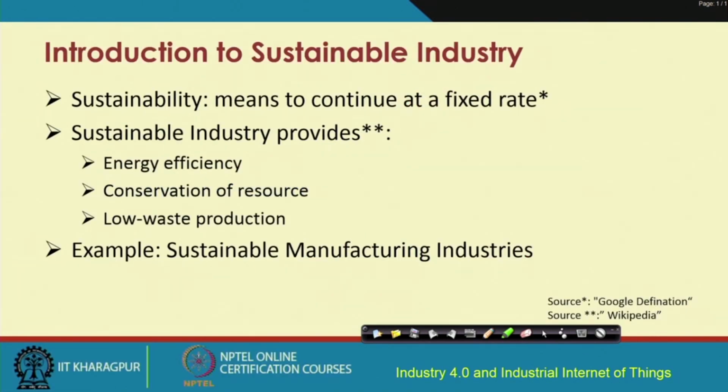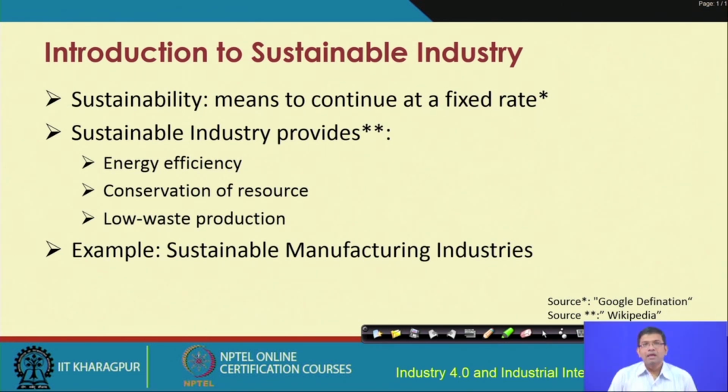So, the term sustainability means to continue at a fixed rate. A sustainable industry basically provides energy efficiency, conservation of resources and low waste production. The last one particularly is very important. Nowadays energy efficiency is very important, because there is a global concern about saving energy and thereby saving the environment.